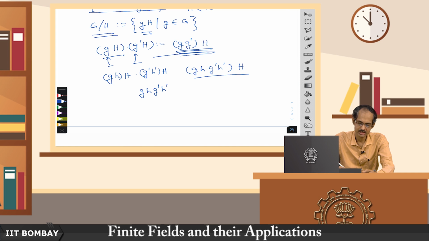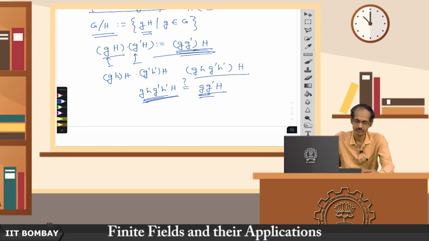Now, we have to show that gg'H is the same as this. This is a left coset, also a right coset. When can we say that these two left cosets are the same? It is if and only if, we know that two cosets are the same if and only if one is in the same coset as the other, which means this is in this coset and this is in this coset. gg' is this coset.